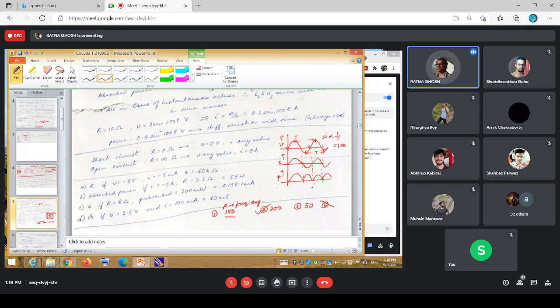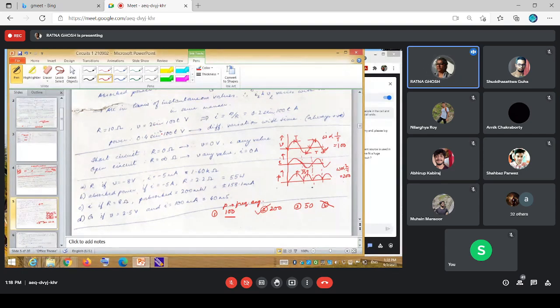While here, if you look from this maxima to this maxima, this is actually halved. Because this has halved, the omega has become proportional to 2 by T. So this becomes 200.